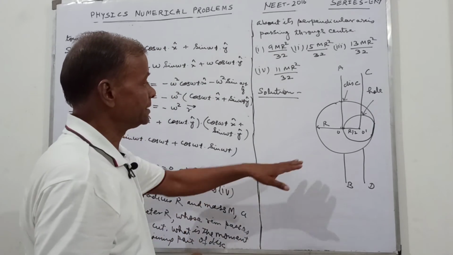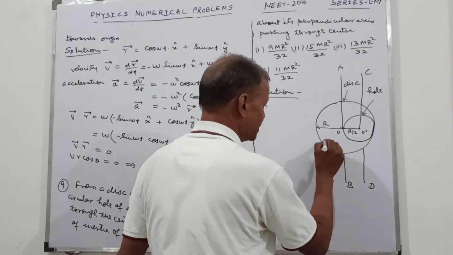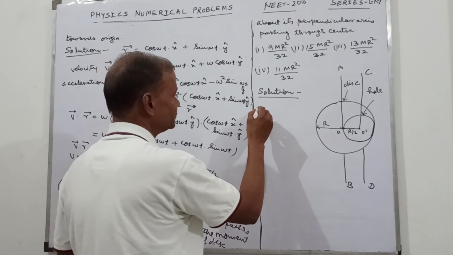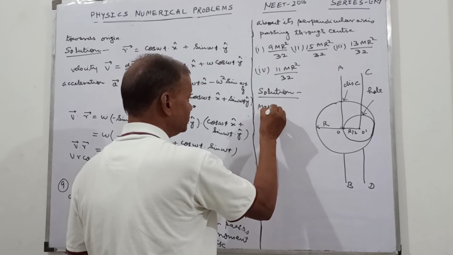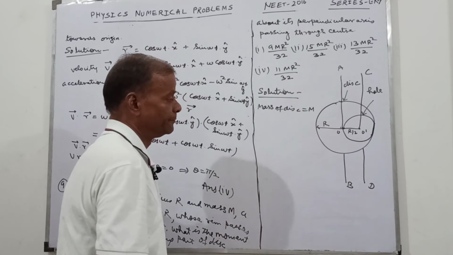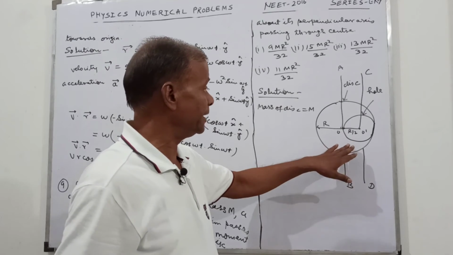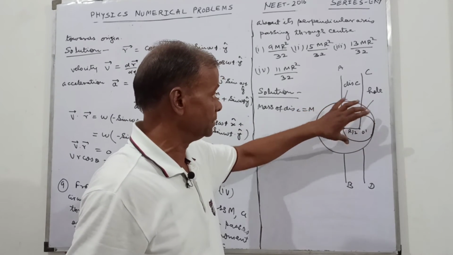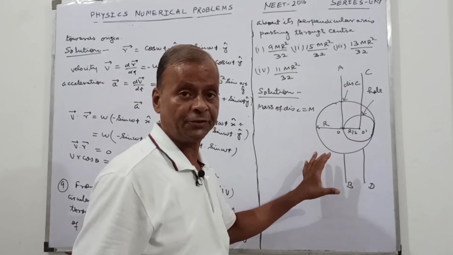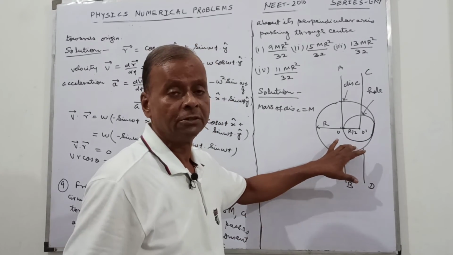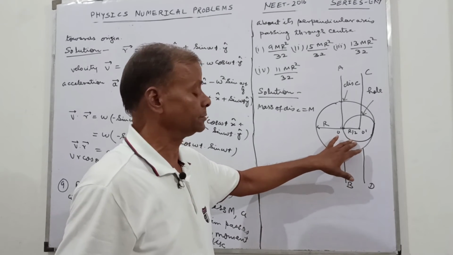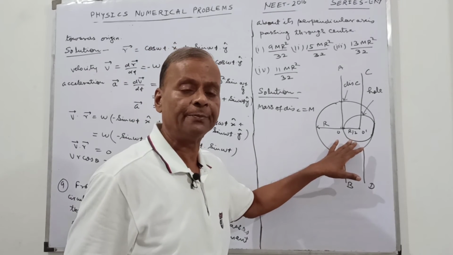So you are given that the mass of the disc is m. Now if this diameter is r, then we can fit 4 such holes in this disc. It means that this is the 4th part of this disc. So the mass of this removed circular part will be m by 4.